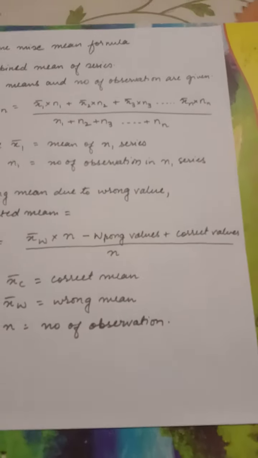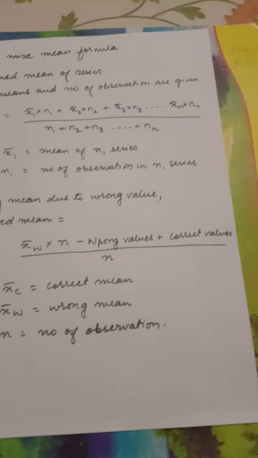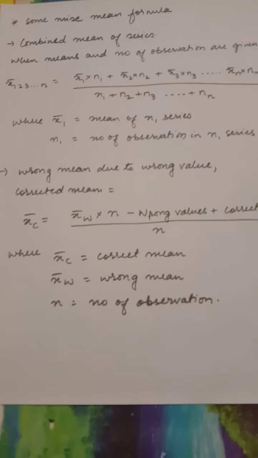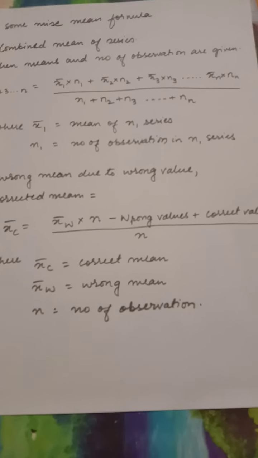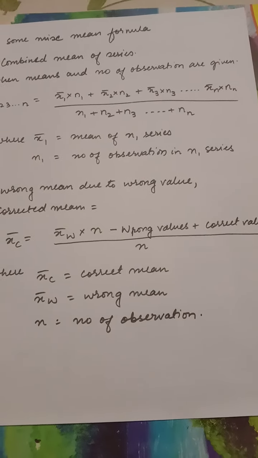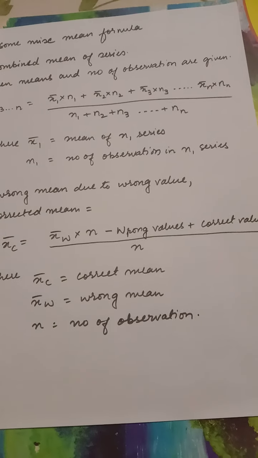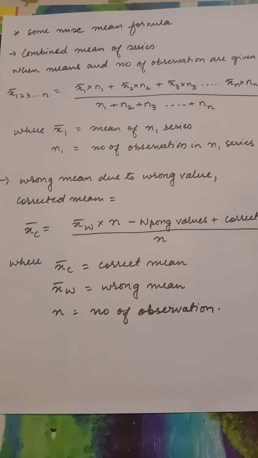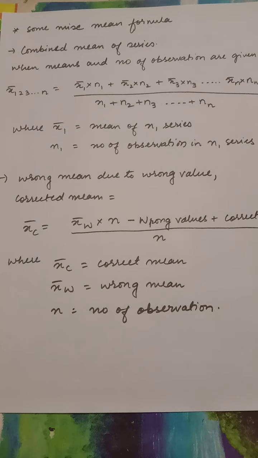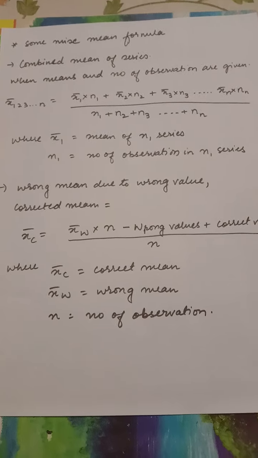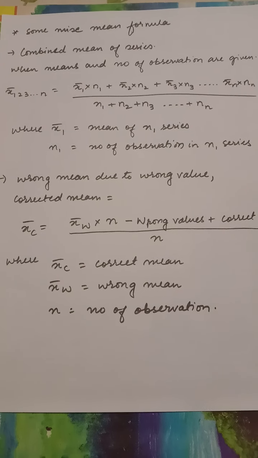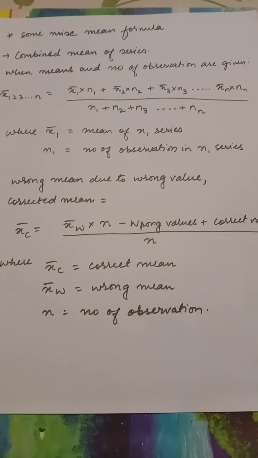And let me clear one thing: the mean can be solved algebraically, but it cannot be solved graphically. We can solve the median and the mode graphically, but the mean is the only measure of central tendency that we can't evaluate with the help of graphical representation. Thank you all.